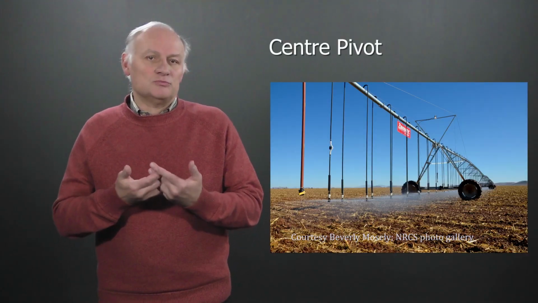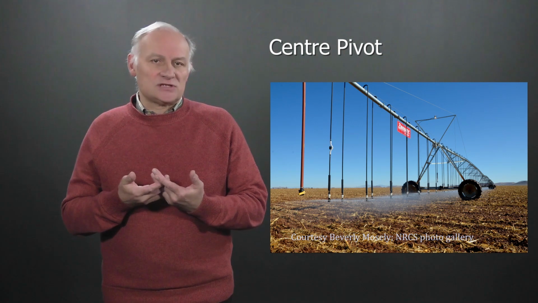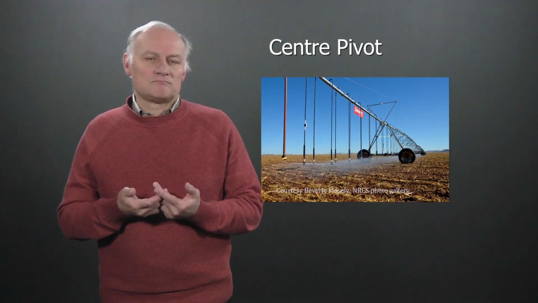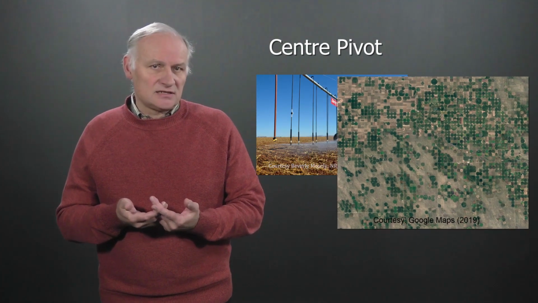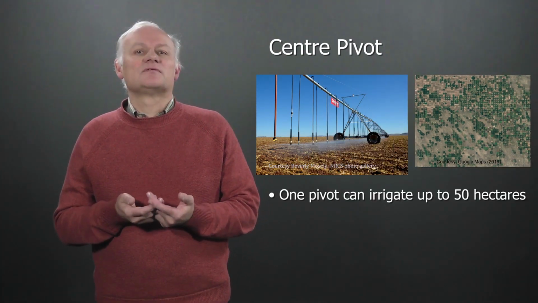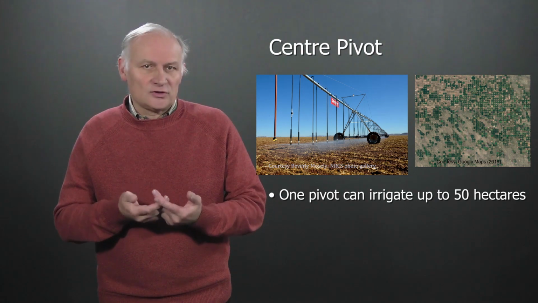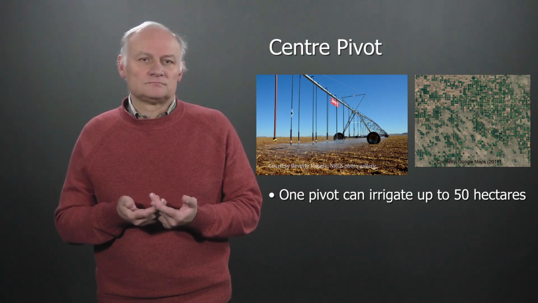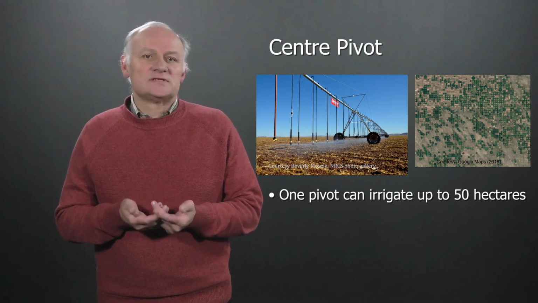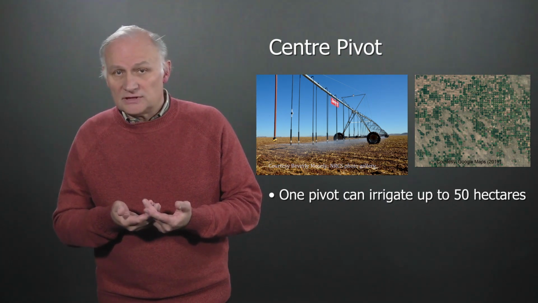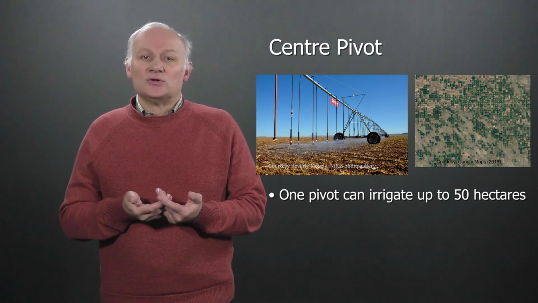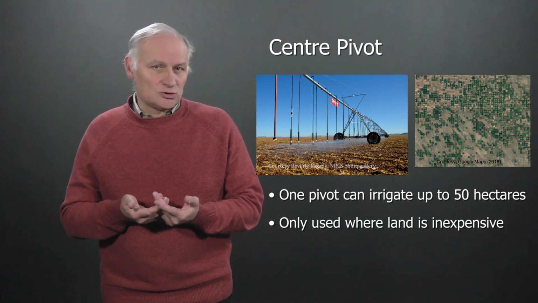In the US, quite often, and in some other countries, center pivots have a quite long boom which is turning around in circles around the pivot. In this way, about 50 hectares are irrigated by only one center pivot, with a boom of about 400 meters in length. As the fields need to be circular, this method, of course, is only used in places where the land is not too expensive.